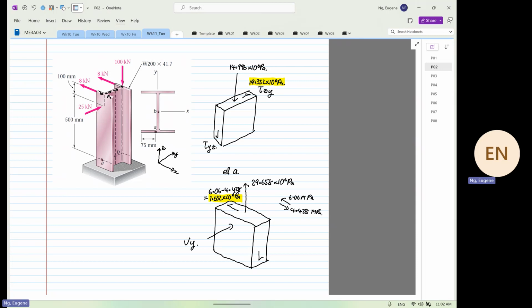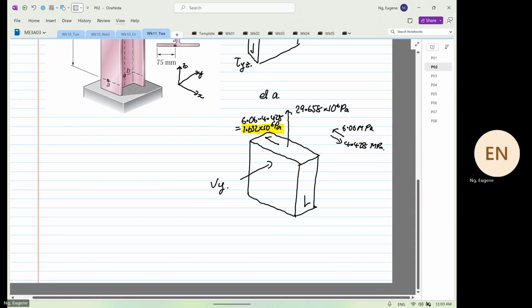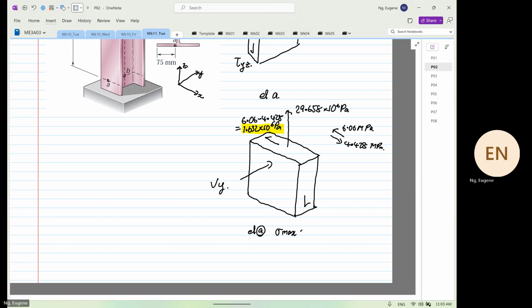The only thing that we're not sure is element B. So let's focus on element B. We know that stress max for element A is approximately equal to 29.658 times 10 to the power 6 Pascal.